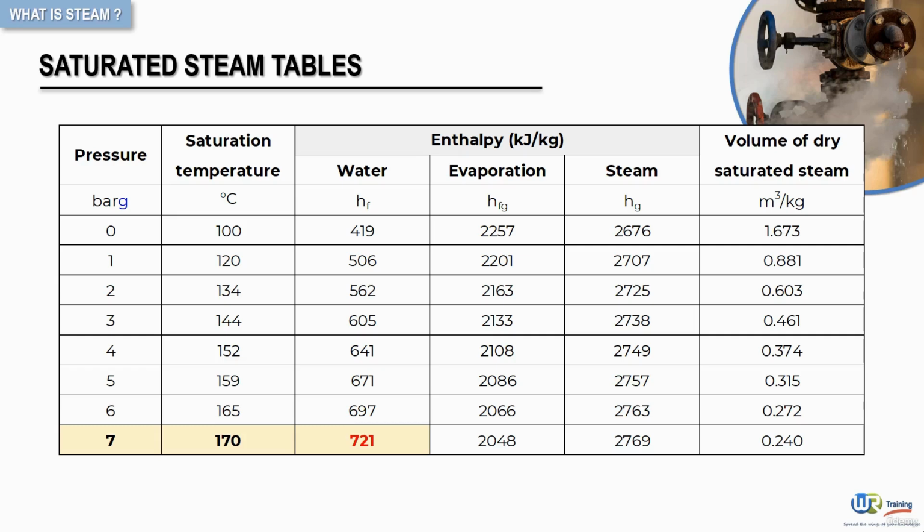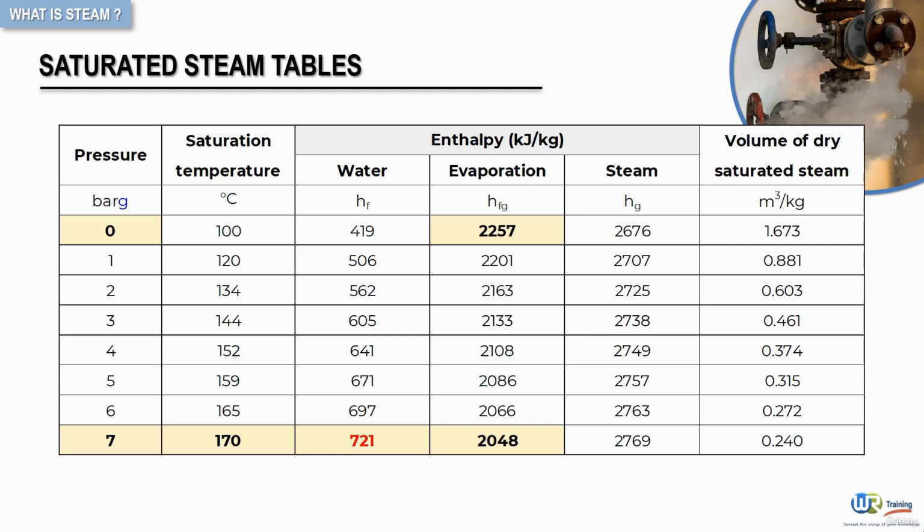It is also important to note here that the enthalpy of evaporation needed by the water at 7 bar to change it into steam is actually less than the heat energy required at atmospheric pressure. So 2,048 versus 2,257.